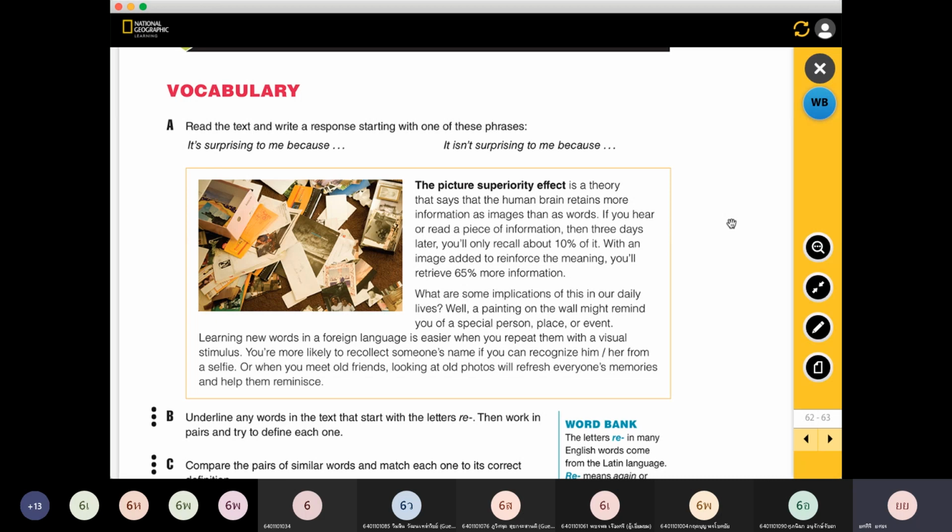So how do you feel after reading the text? Does it reflect anything?